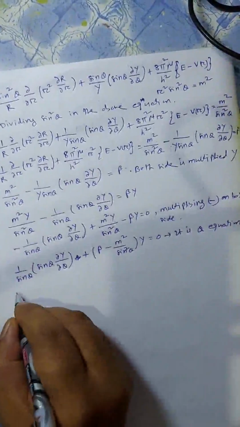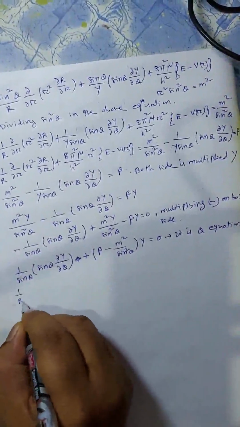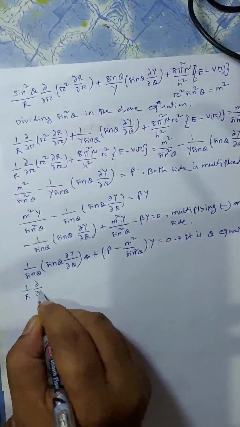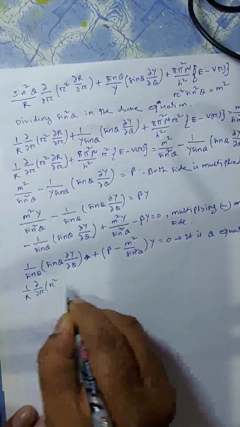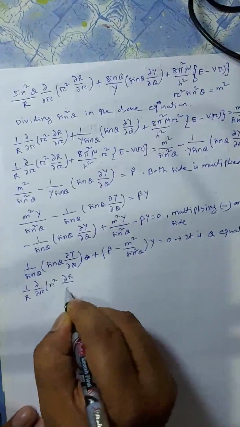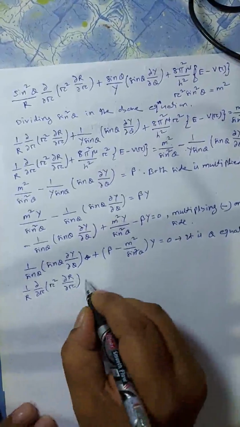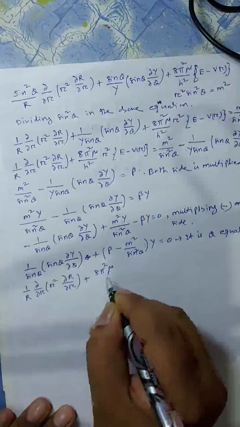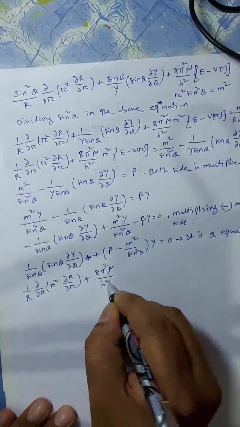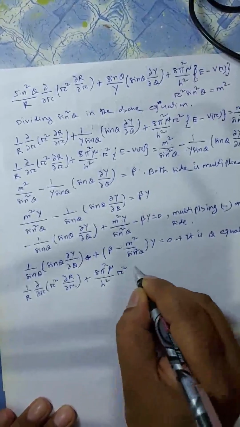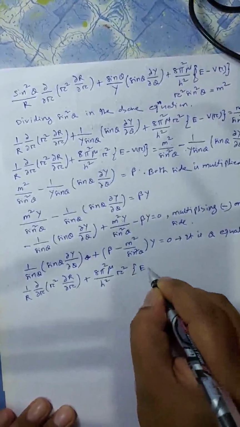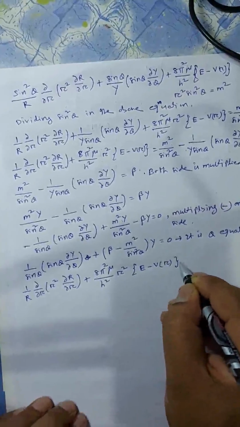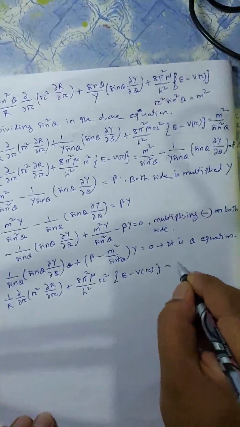Then 1 by r square dou by dou r, r square dou r by dou r, bracket, plus 8 pi square mu by h square, r square, bracket, e minus V r, bracket, is equal to beta.